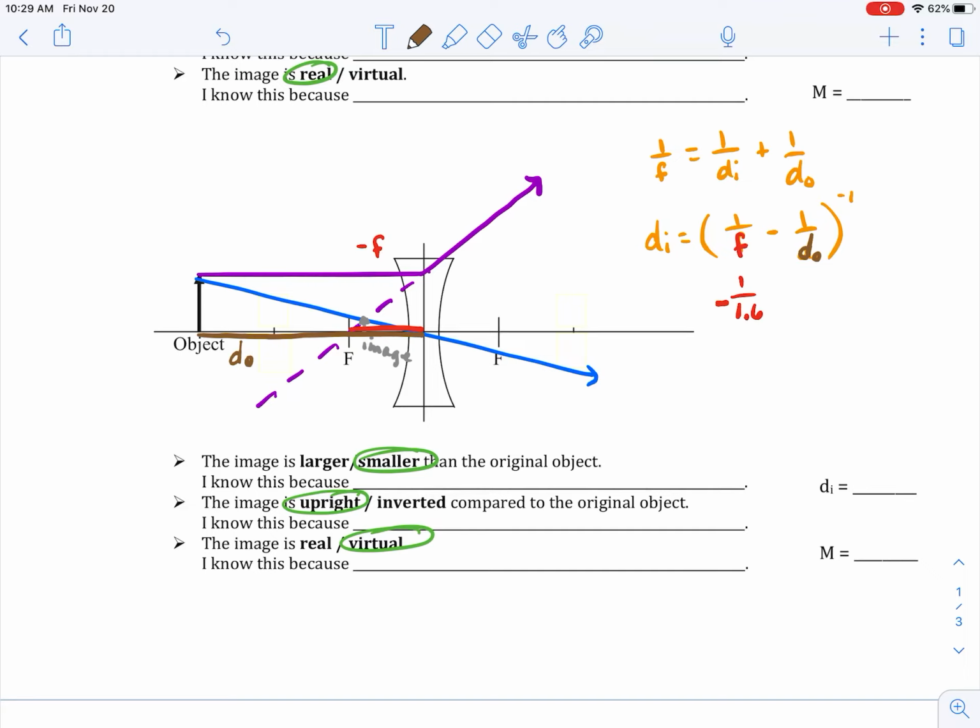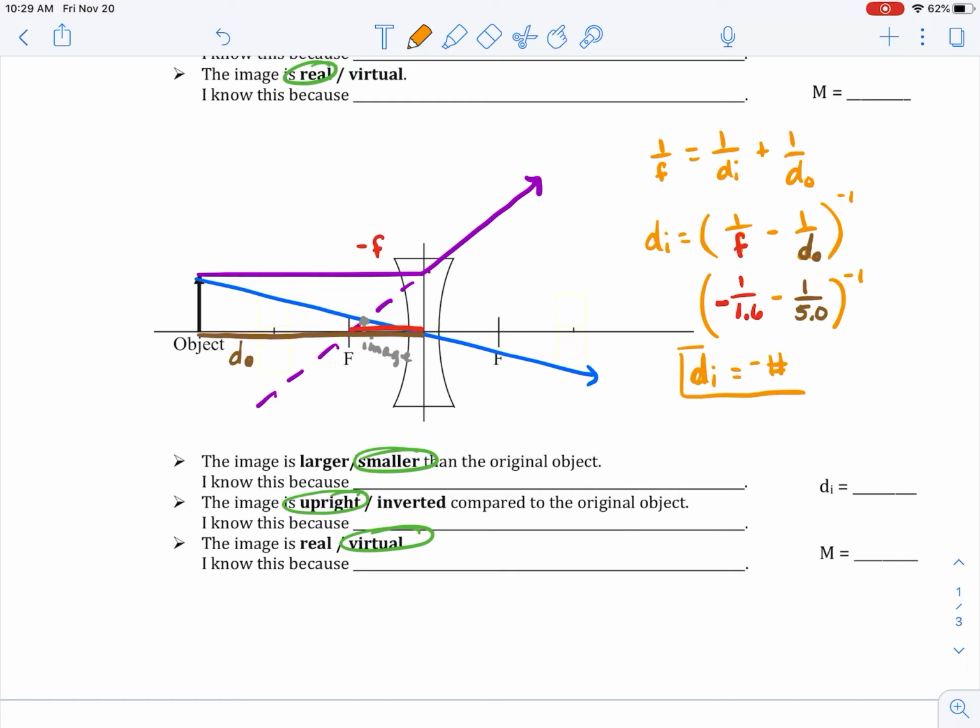So there would be my DO, and remember that is always a positive value. So when I take my measurement, I'm going to use the value as is. So this comes out to be 1 over 5. So I'm going to put in my calculator 1 over negative 1.6 minus 1 over 5. And once I get that value, I'm then going to invert it.